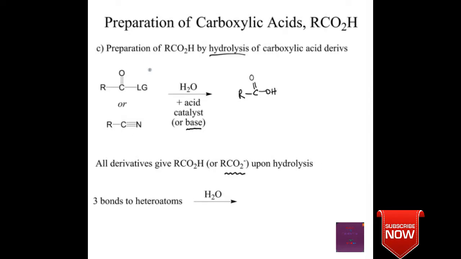So what these all have in common, including the nitrile case, is you're taking a functional group that has 3 bonds to heteroatoms, nitrogen, oxygen, halogen, right? With hydrolysis, you convert them to be 3 bonds to oxygen. So hopefully even with the nitrile, you can see we've gone from 3 CN bonds to 3 CO bonds. That's defined as being a hydrolysis.